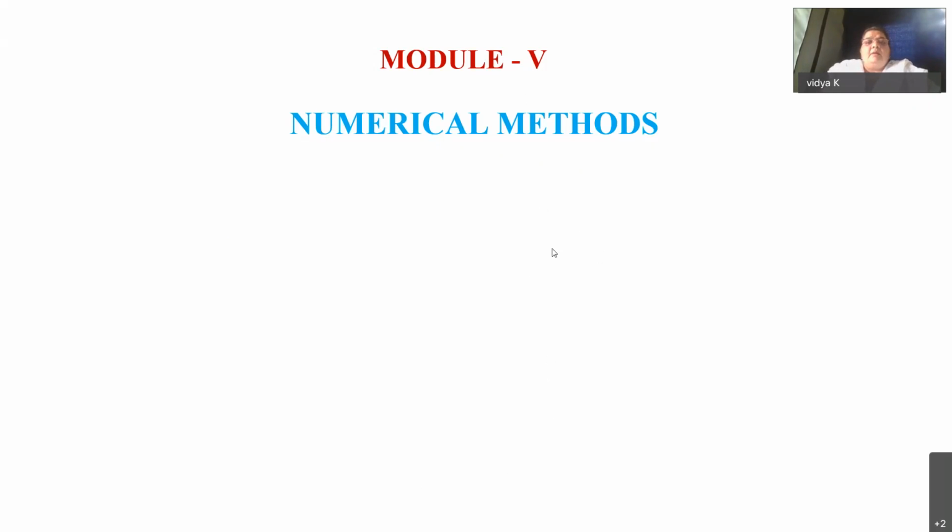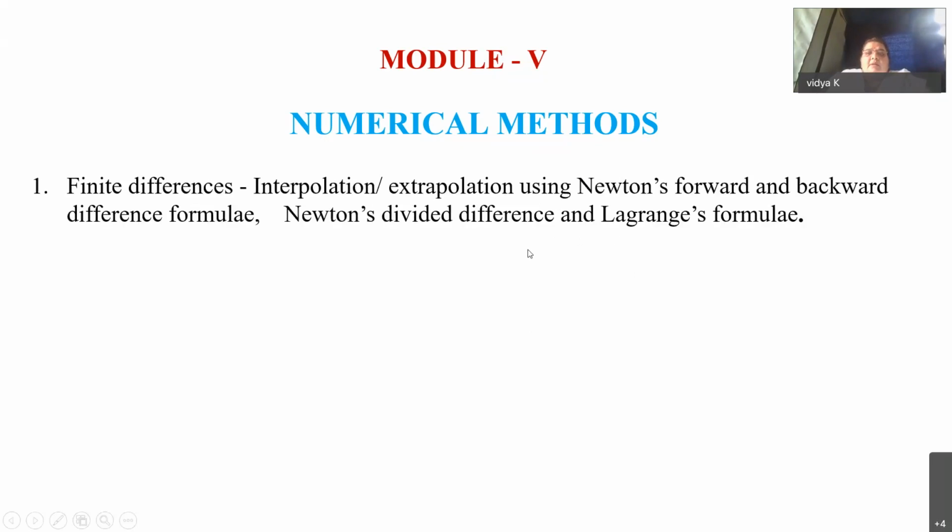Okay. In the beginning, I take module 5, that is on numerical methods, because it is one of the modules which is scoring if you are a bit practiced with the calculator usage. So in numerical methods, we are going to study how to interpolate or extrapolate.